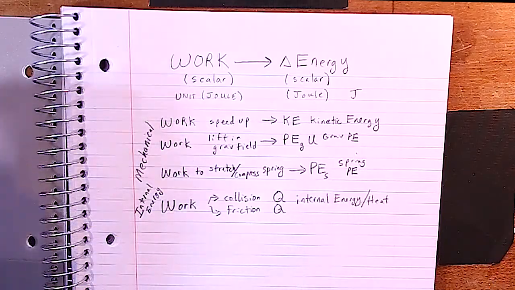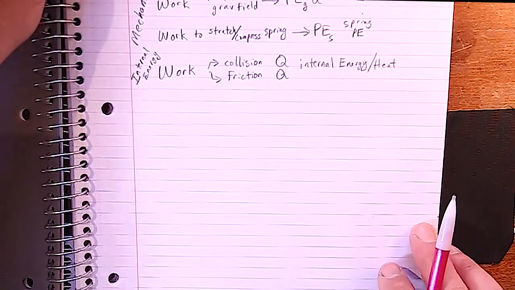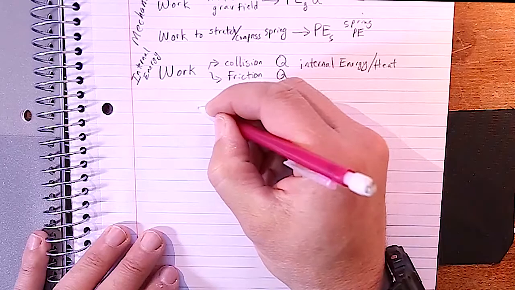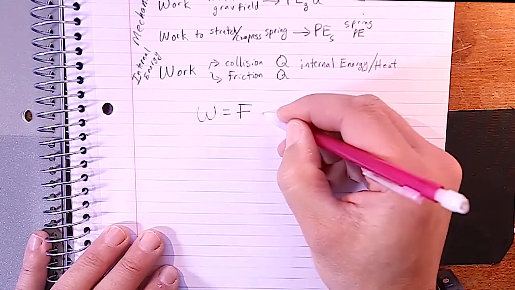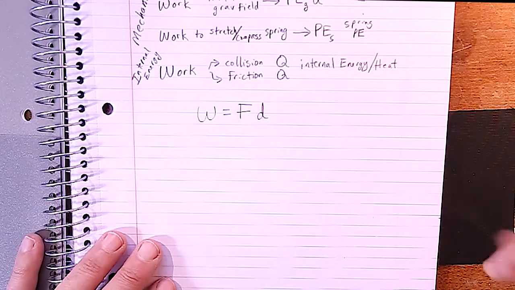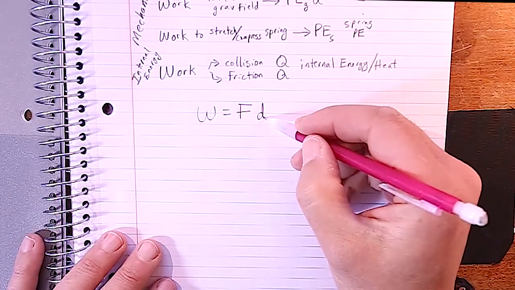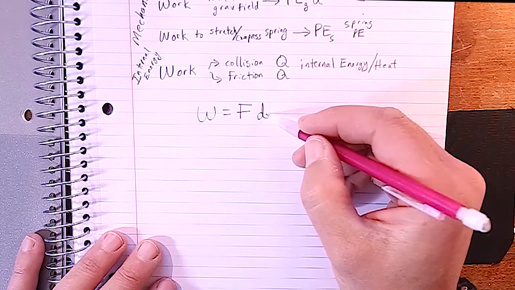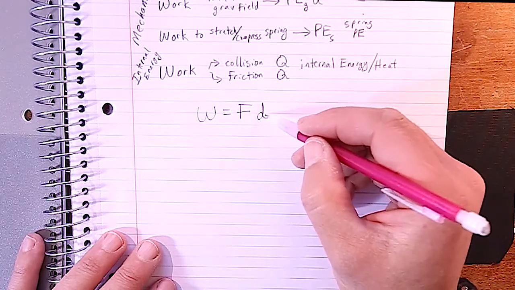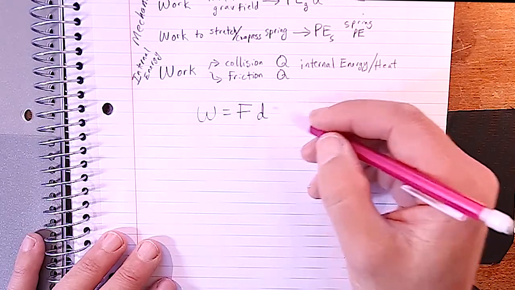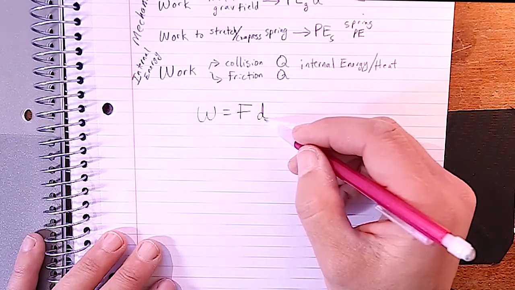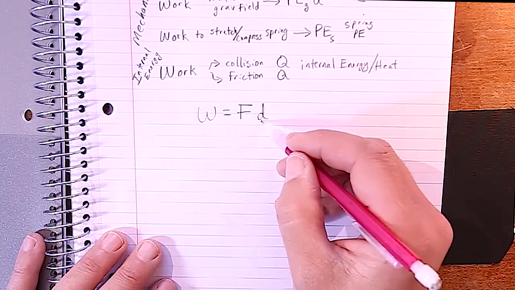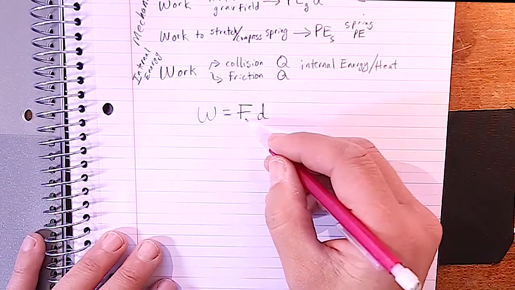But what's the formula for work? Well, work by itself is equal to F times d. Now, we can use h for height. We can use x for position. We could use x for spring stretch, but I'm going to use d for now as displacement. Work is a scalar, but displacement is a vector, as well as force.